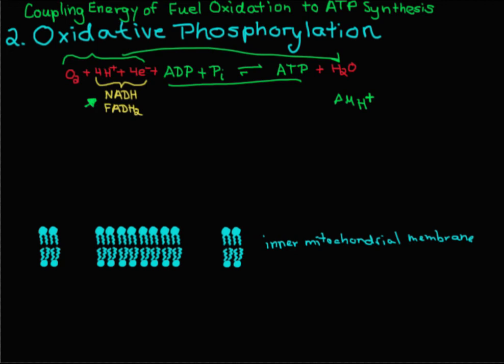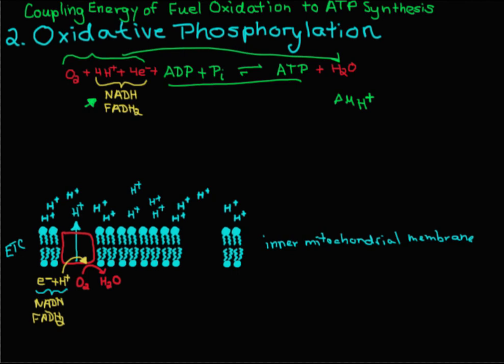In this membrane is the respiratory chain, which we're going to call the electron transfer chain. It's a series of 4 complexes that take the electrons and protons from NADH and FADH2, and those are used to reduce oxygen to water and then pump protons across the inner mitochondrial membrane to the intermembrane space. And this creates a gradient of protons.